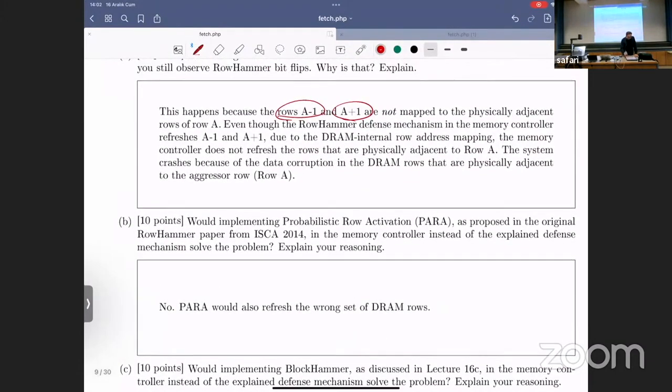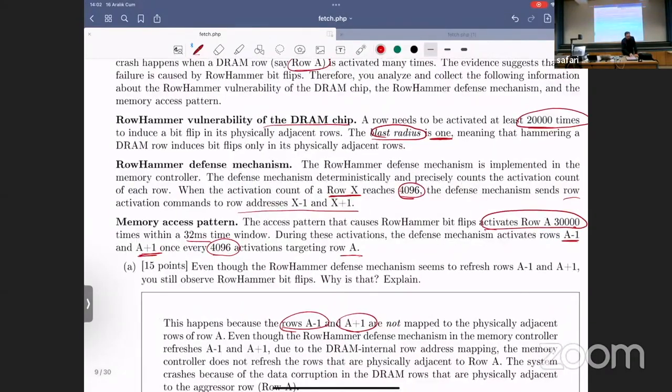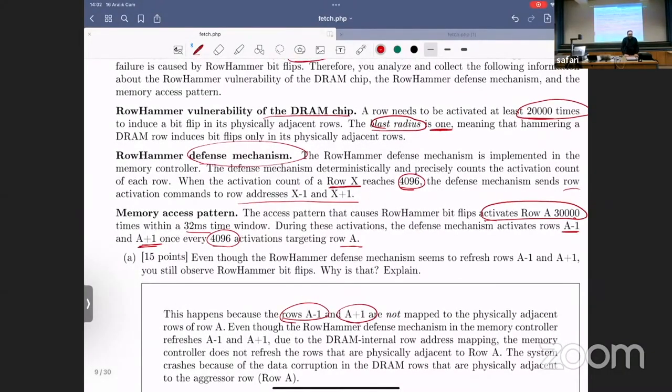The second part of this question is asking, if instead of this defense mechanism, we implement PARA, would that help? We're just speculating here, a hypothetical case. Do you guys remember PARA? Okay, I'll give a reminder anyways.